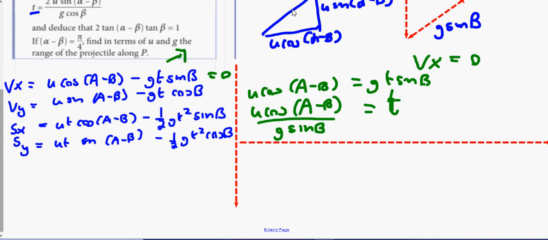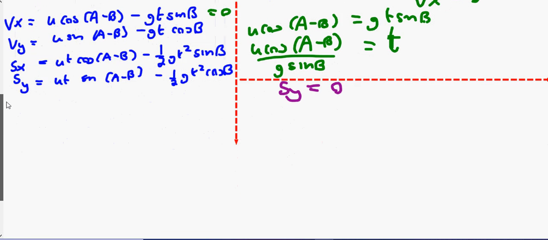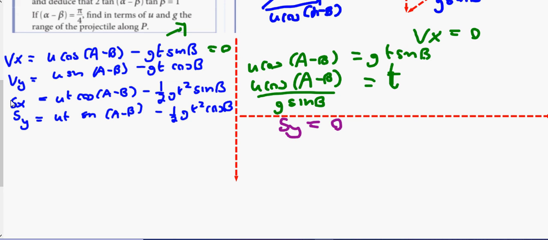Next thing I'm going to do is go for Sy equals 0. So Sy equals 0 will be located here. You just bring the half g t squared cos beta over the other side. So we end up with ut sine(alpha minus beta) equals a half g t squared cos beta.